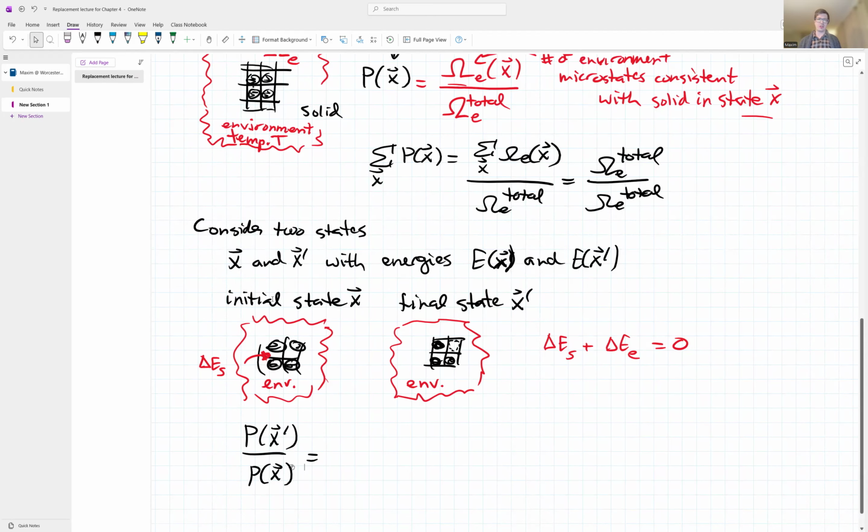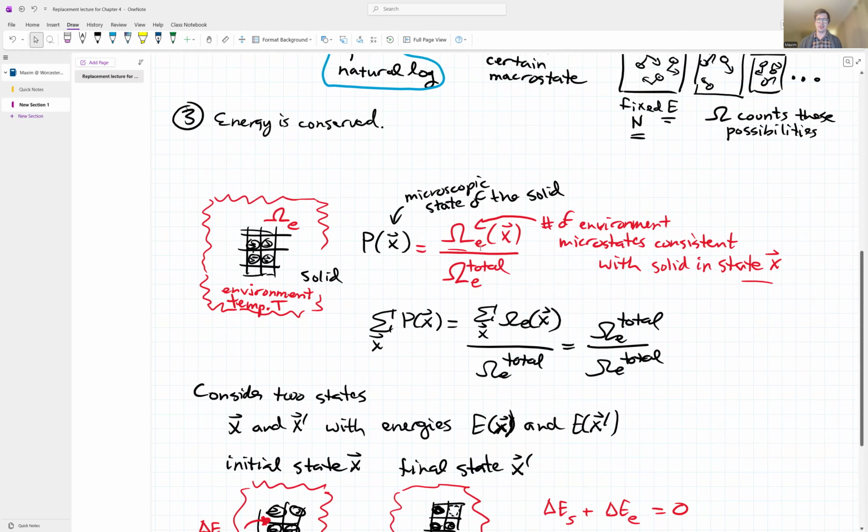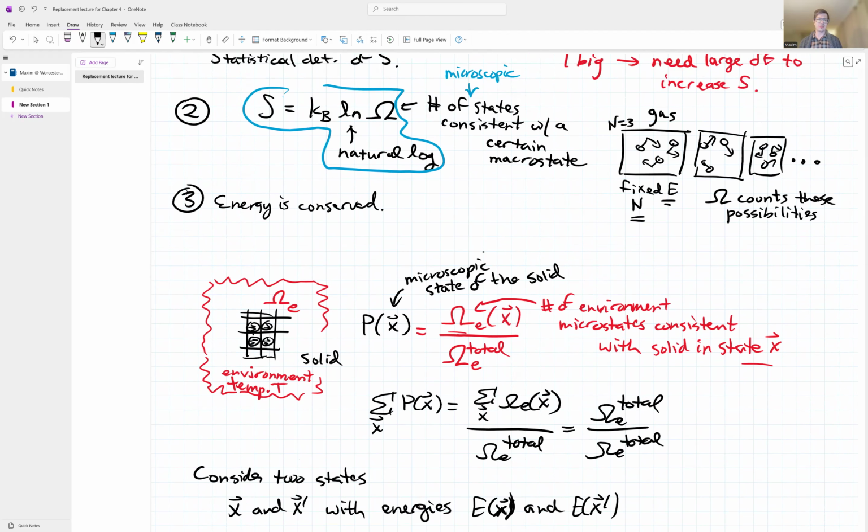That, according to our top formula here, is... I guess, by the way, there's sort of a fourth assumption, but it's implicit in all of thermodynamics: that all the microscopic states are equally likely to appear. It's a logical assumption because there's nothing biasing the microscopic states. If we look at a gas, say, at a fixed energy and number of particles, there's nothing that tells us the gas particles have to be in any particular corner of the system. We could find them anywhere.